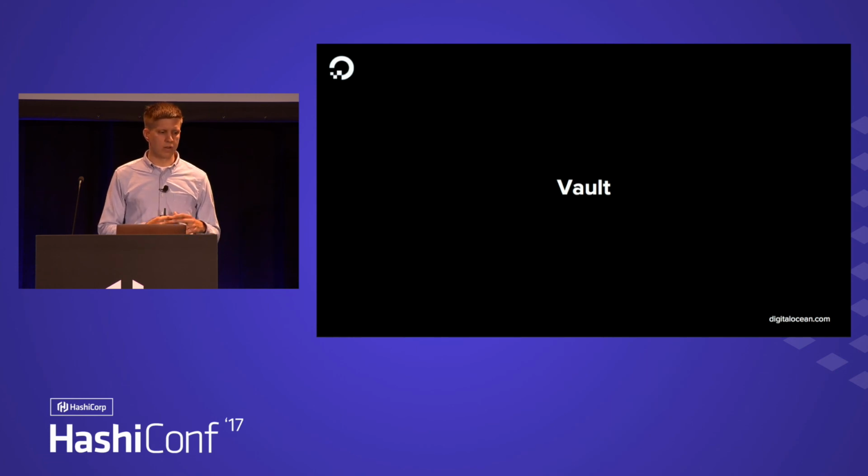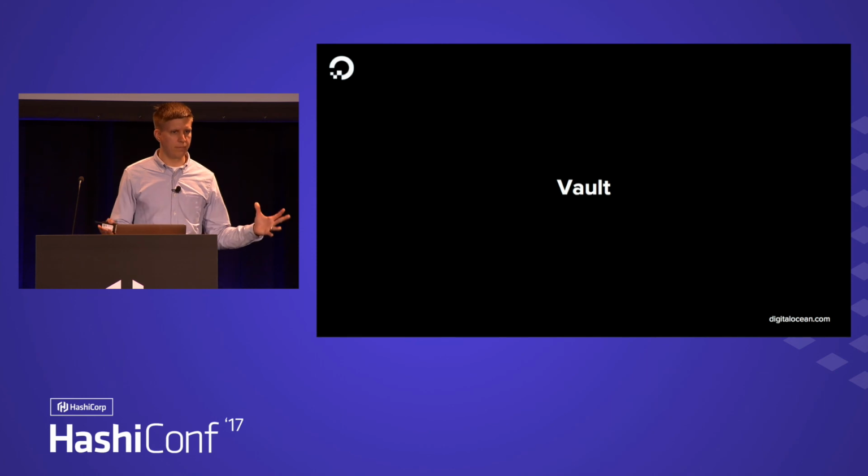But what Vault has really given us is it has given our application security team the ability to provide a really first-class, really compelling experience for how people should be managing their secrets. And that's been one of the big reasons why we don't have a multitude of ways of managing secrets.